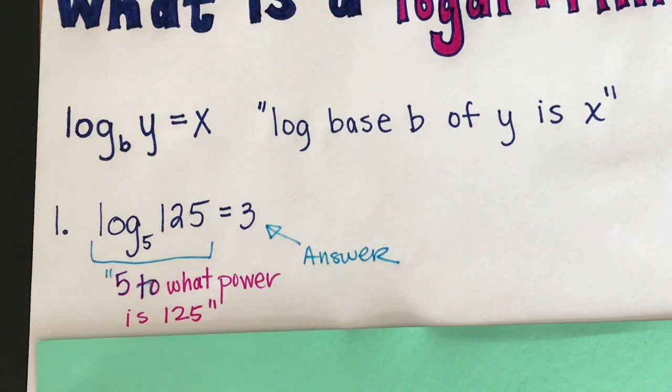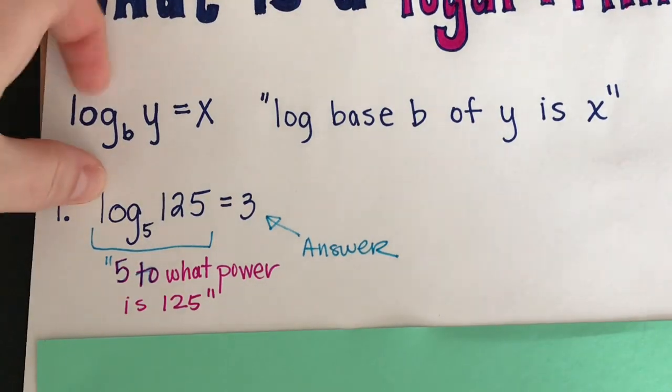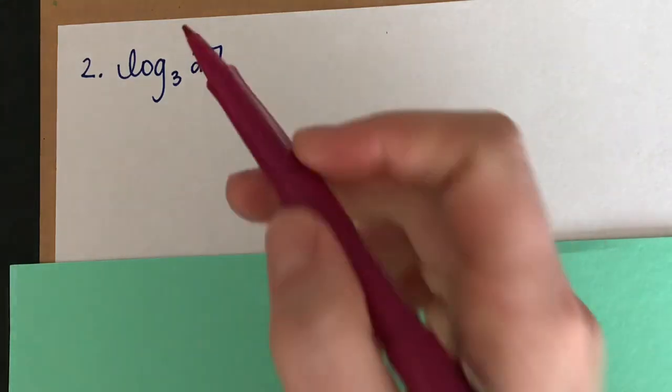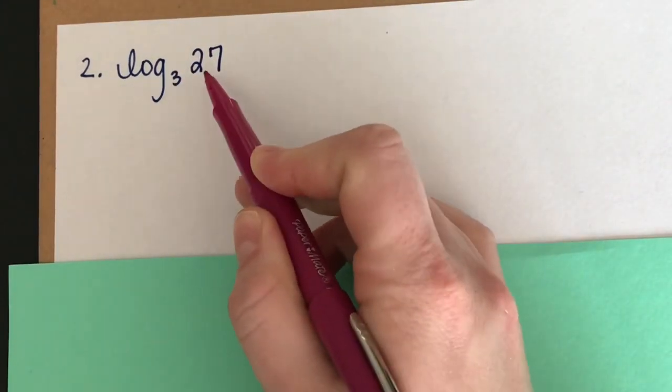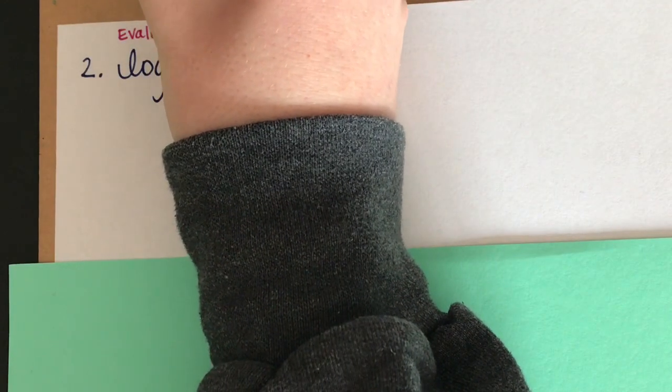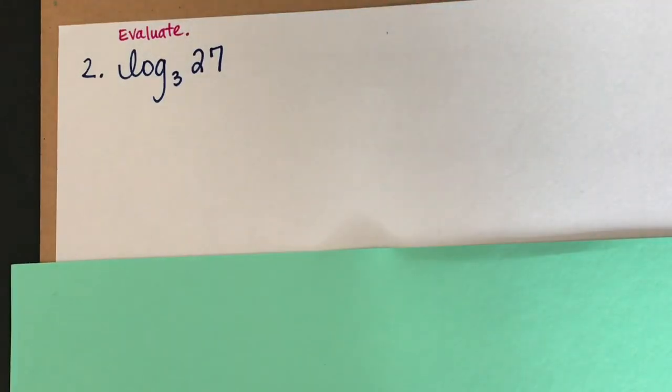So I want to look at how we can evaluate logarithms based on knowing how to rewrite what the question's asking us for. So let's take a look at this second problem, where we see log base 3 of 27. If you're just asked to evaluate this, that's what the question's asking you to do.